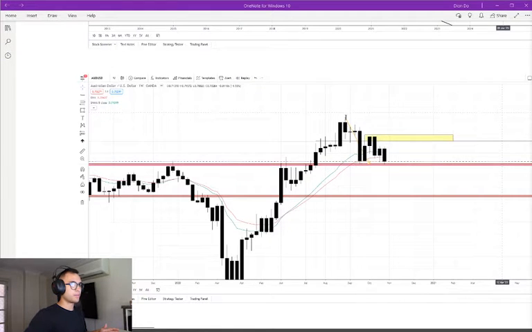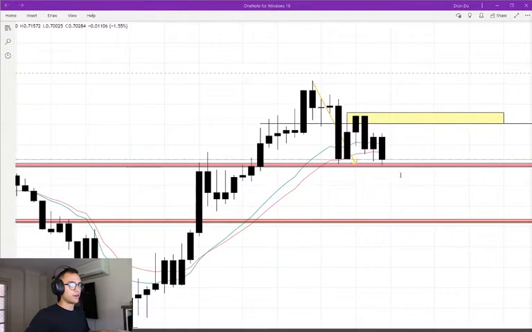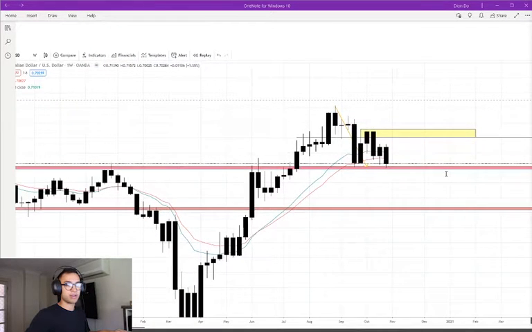So the push here to there, that was the impulse move. Now price is retracing up, and as you can see, it was in the golden zone before pushing down. But so far we haven't seen price being able to continue further. This purple horizontal line here represents the 7,000 level, which is a key support at the moment.